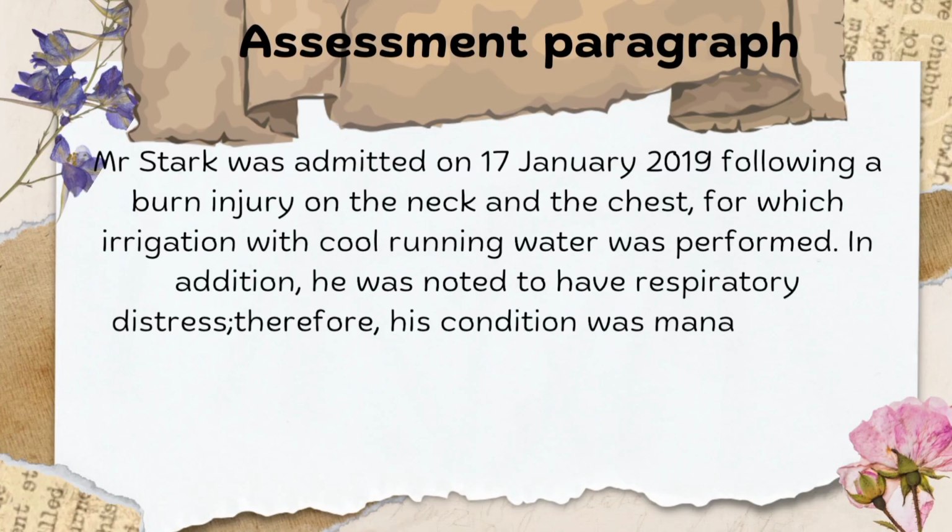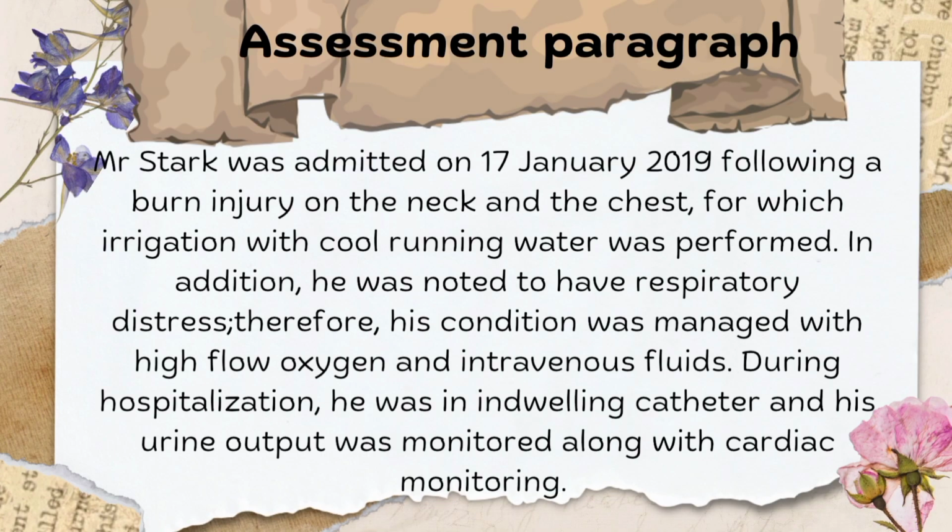Next comes the assessment paragraph. Whenever writing the assessment paragraph, always remember your assessment paragraph should look like a story, in which initially we will be writing about patient admission and what complaints the patient had during admission. Secondly, we will be writing what investigations were performed on the patient and what these investigations revealed.